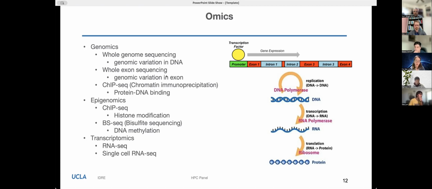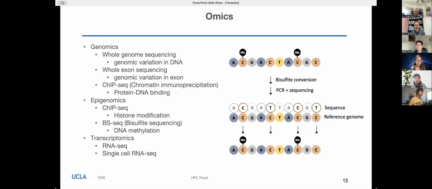We also have transcriptomics, which specifically sequences RNA transcripts. And currently, a really booming data type is single-cell RNA-seq, where we can get the transcriptomes of 10,000 cells in just one run. So that's transcriptomics. Can we go next?